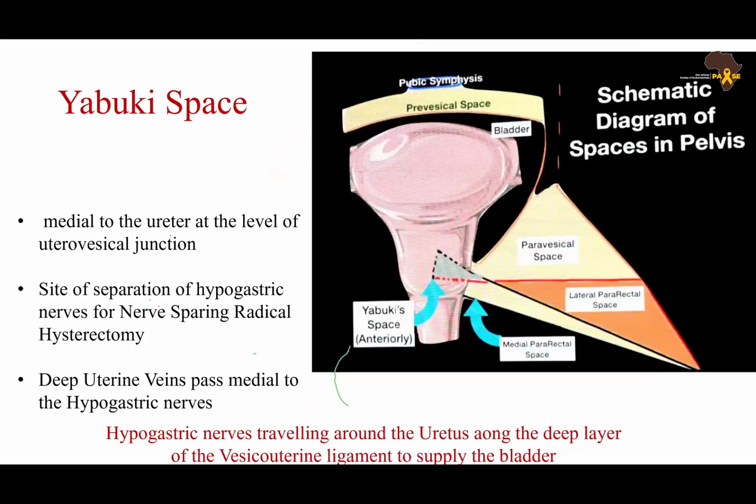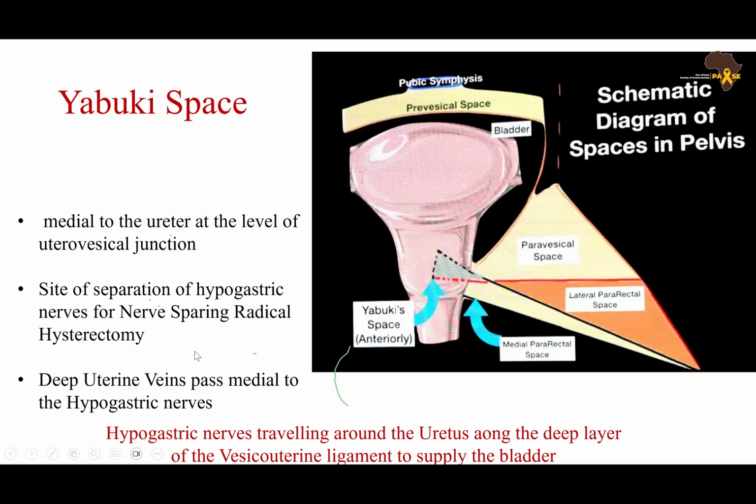surgery. We have one more space, that is the fourth space of Yabuki, which is medial to the ureter at the level of the ureterovesical junction where it enters into the bladder. And this is a site for separation of hypogastric nerve for nerve-sparing radical hysterectomies.